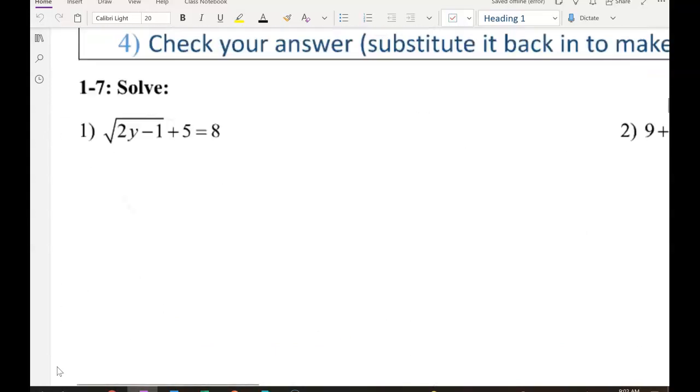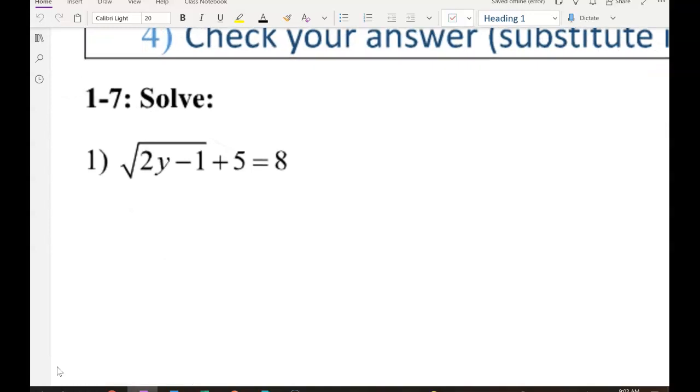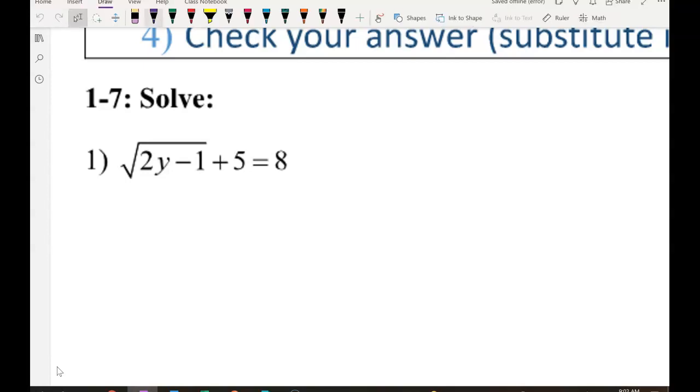Solve. First, it says we might need to isolate our radical. So to isolate the radical, we need to do what, Margot? Get it alone. So what do we move? Good. Get the 5 by itself.